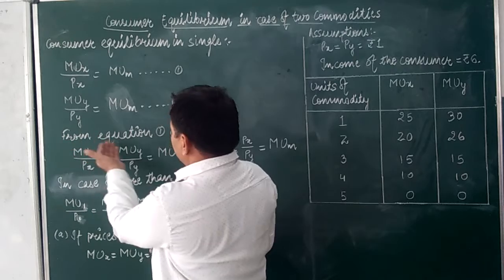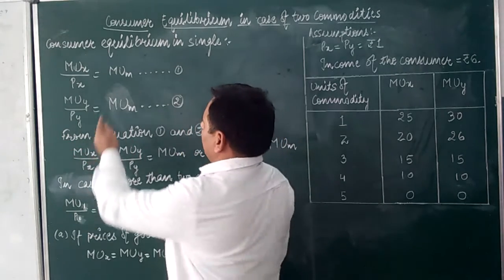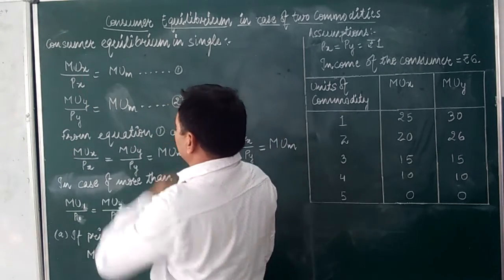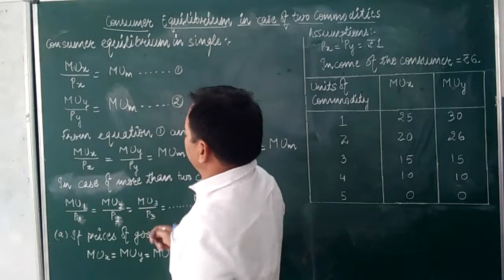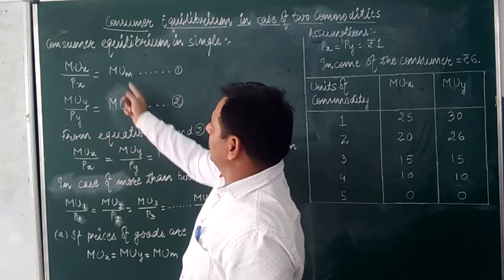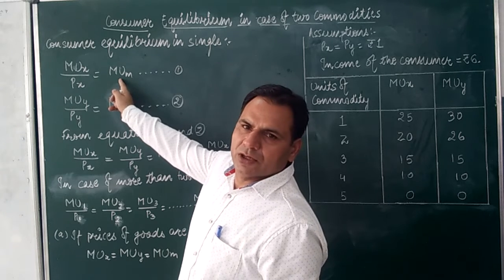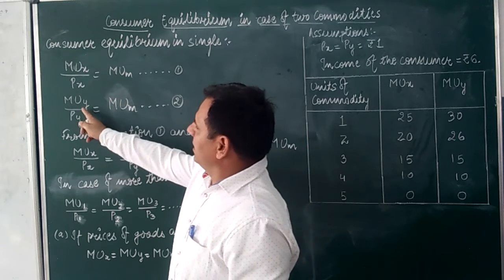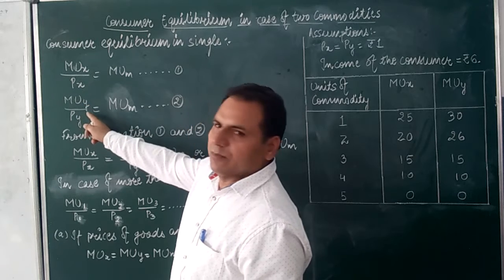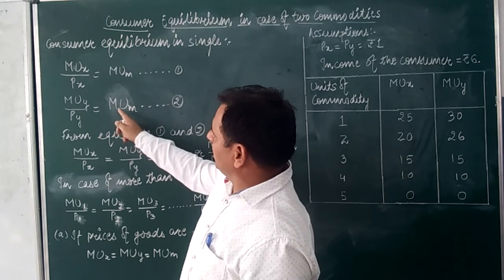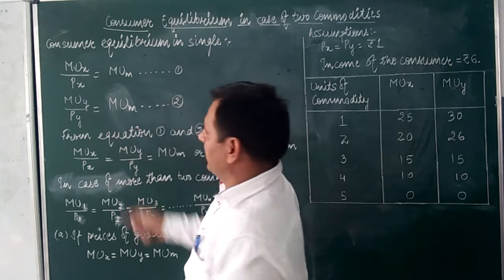If we take both equations together, equation 1 and equation 2, and compare them with each other, marginal utility of x upon price of x is equal to marginal utility of money, and marginal utility of y upon price of y is also equal to marginal utility of money.